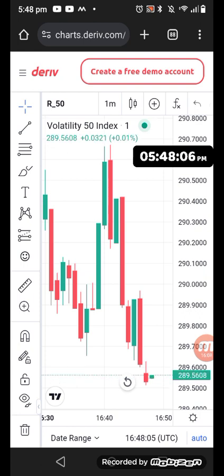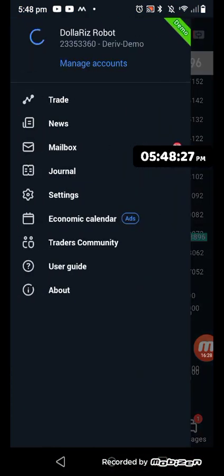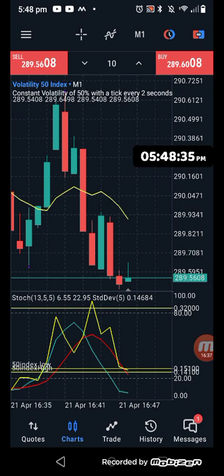For instance, there are strategies or signals I use that require the open and close of the bar, and what I get here is not the same as what I get on MT5. I don't know, I'm yet to get a response, whether it's because I'm running on a demo account or something, but it differs.